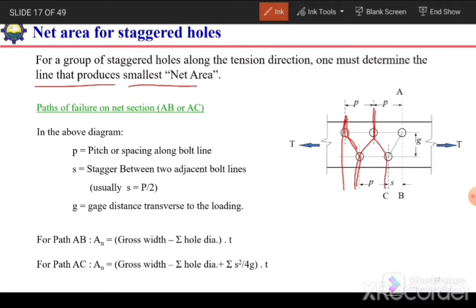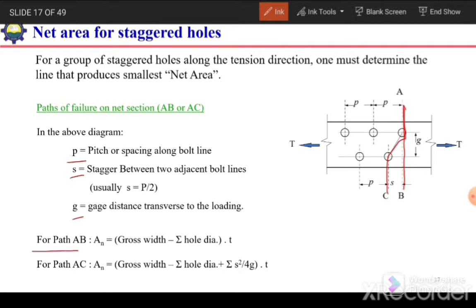We need to investigate all the possibilities, and we will consider the smallest area out of those critical paths. Okay, path of failure on net section AB or AC. So here we can have two different paths, this AB or AC. In this picture, P is pitch, S is stagger, and G is gauge distance.